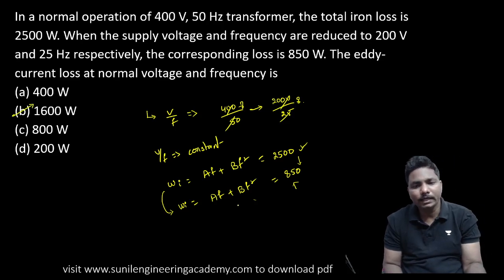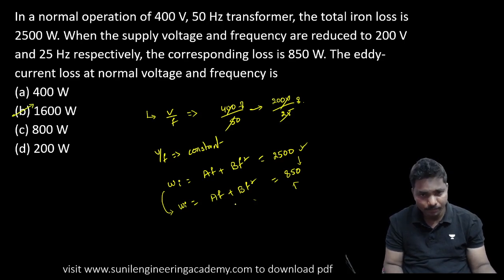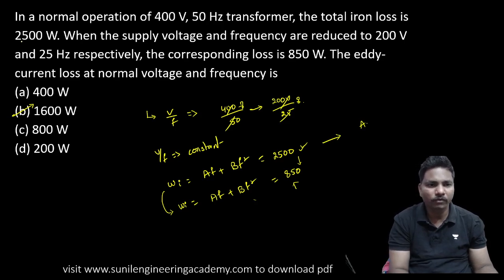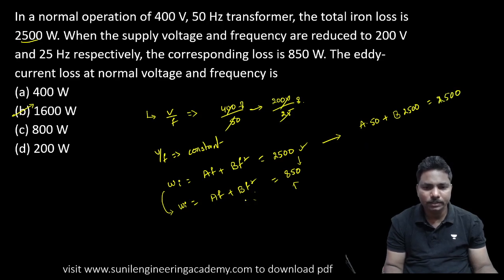If you are not getting this by simple understanding, you need to calculate using your conventional method. What is the frequency? At 50 Hz, A into 50 plus B into 50 square is equal to 2500. And in the second case, what is the frequency? 25. So A 25 plus B 25 square, that means 625, is equal to 850.